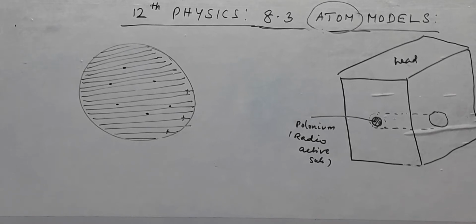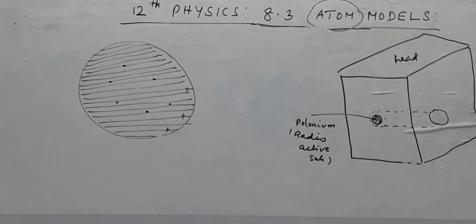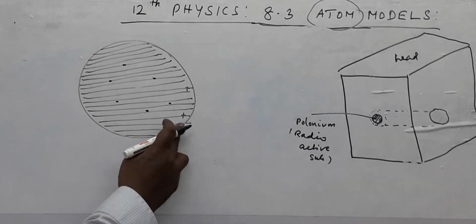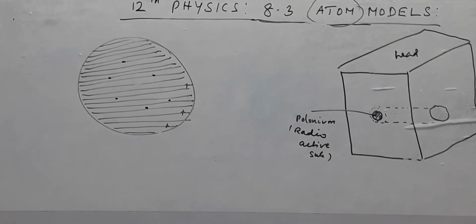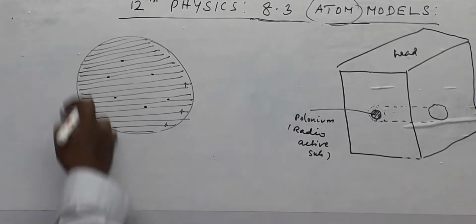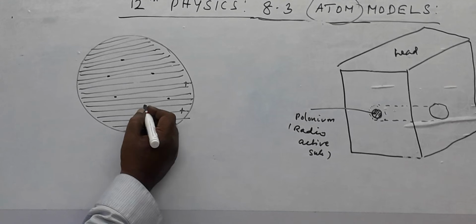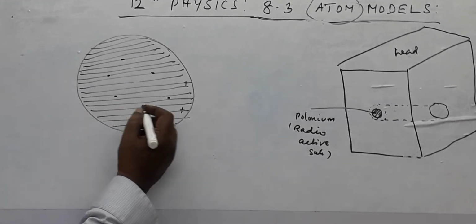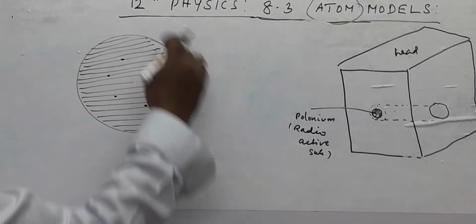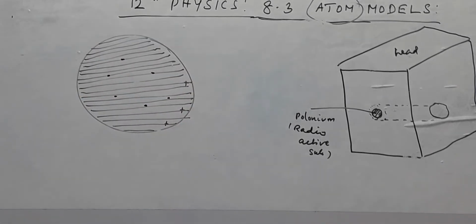The reddish part is the positive charge, whereas the electrons are embedded at the center or anywhere else inside the sphere.